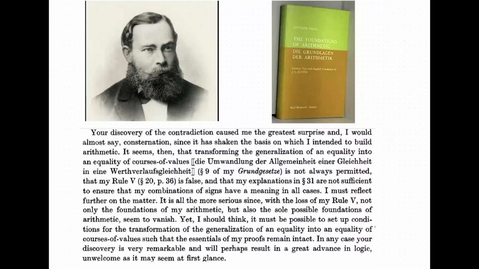And Frege, in the time that followed, tried to patch up his Rule 5, making restrictions so that he could still allow his work to succeed, but he was not successful in doing so. Eventually, Frege's work was overshadowed by the publication of the Principia Mathematica, which we mentioned in the first lesson, where Russell and Whitehead proved 1 plus 1 is equal to 2 in 362 pages.